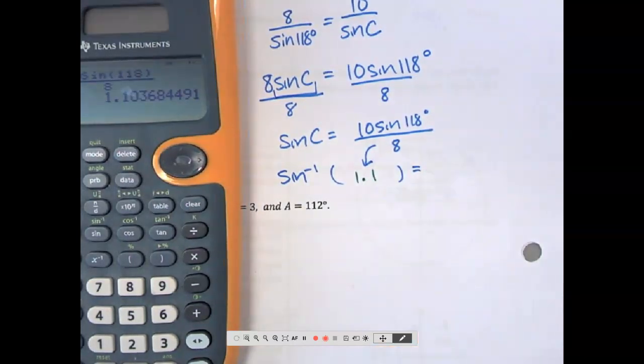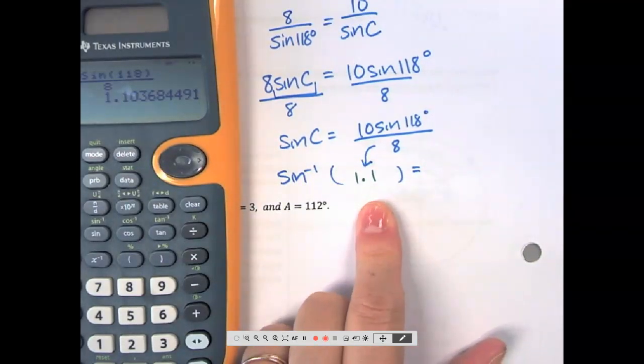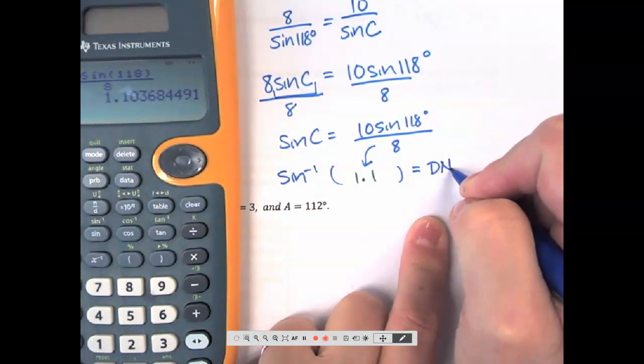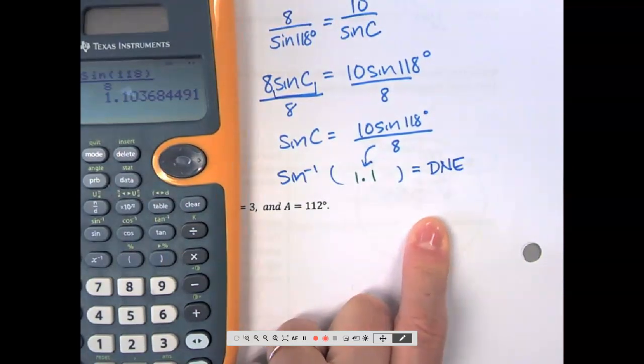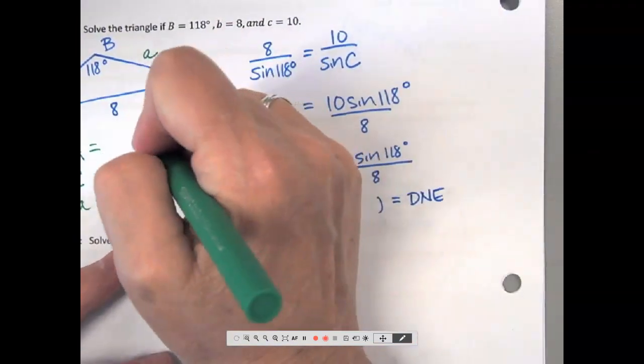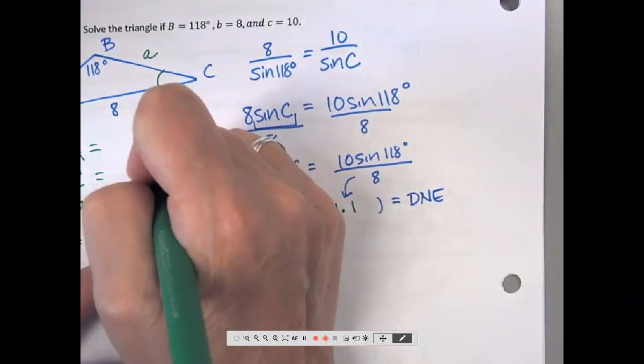Does any angle have a sine of 1.1? What does sine never go above? 1, and it never goes below -1. Think of your sine curve. It never goes above 1, never dips below -1. So there's no angle that has a sine greater than 1. So this is not possible, does not exist. So what that tells me is that there is no triangle possible here.